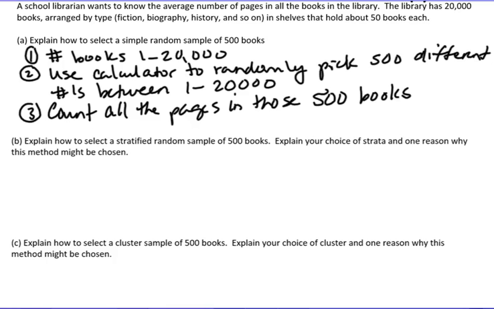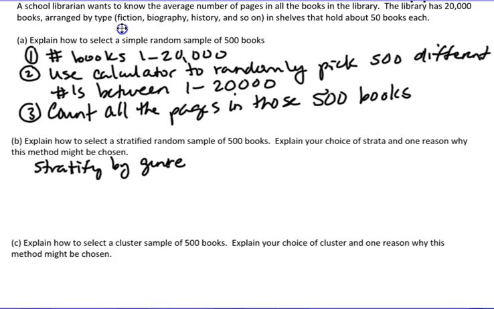Okay, a stratified sample. In a stratified sample, probably you would stratify by genre. I can't think of any other way to stratify that makes any sense. This would be based on the assumption that fiction, biography, history, children's books, etc. would on average have different numbers of pages in general.